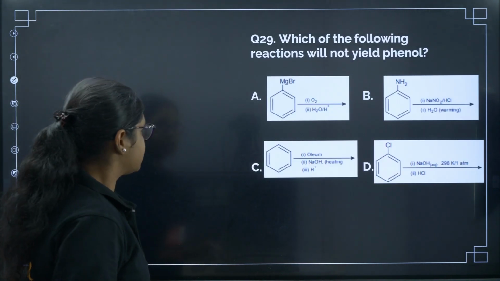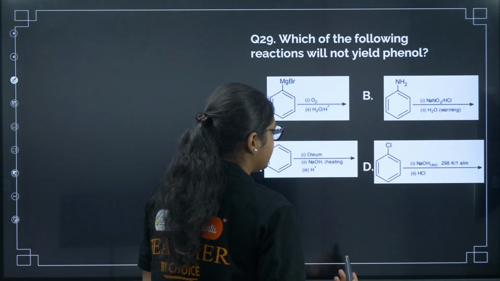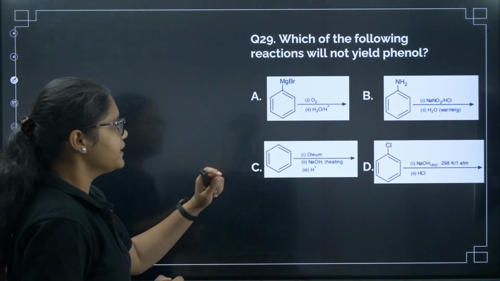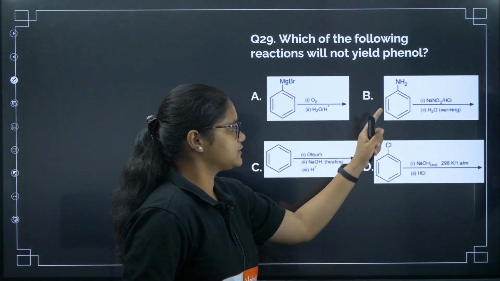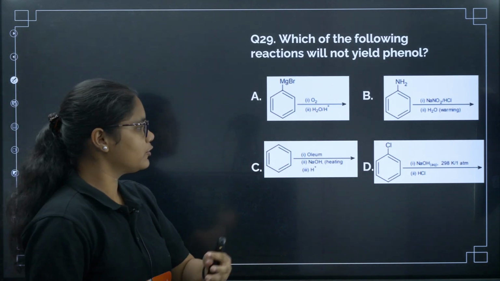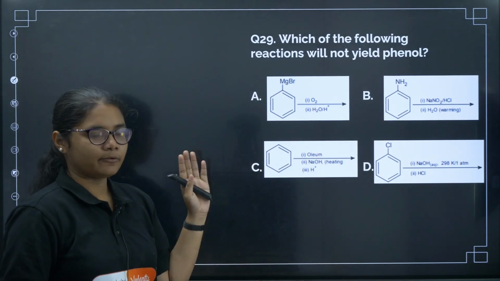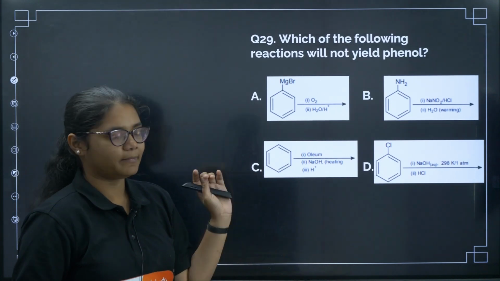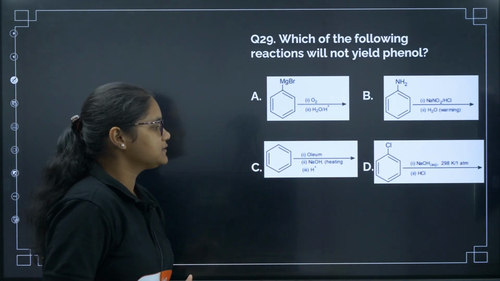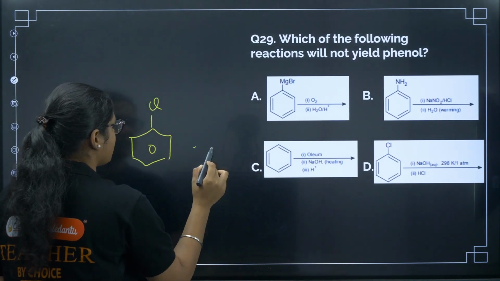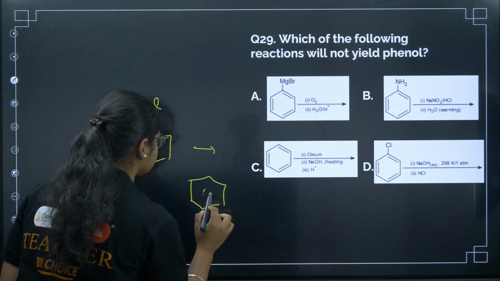Okay. Next, which of the following reactions will not yield phenol? Okay, so first reaction we can have, in the second reaction we can have, first it will be converted to benzene diazonium chloride, then with water we can get phenol. Here oleum is a very commercial method of preparing phenol, but this one with chlorine, okay, this one cannot be replaced with OH.